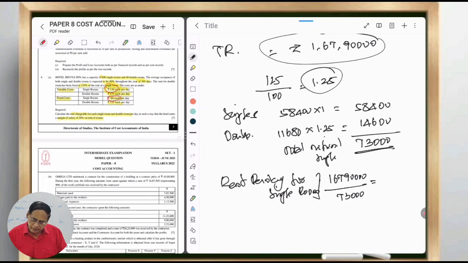So what will be the single room rent? It is 230 rupees for a single room.